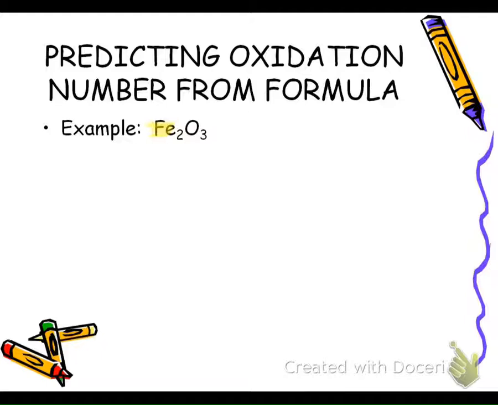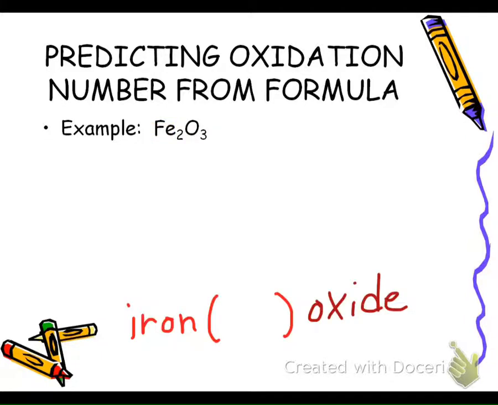So I know that my name is going to be iron, some Roman numeral, oxide, with the IDE ending for my nonmetal anion. So I'm going to start with my anion to help me figure out the Roman numeral or charge of the iron.